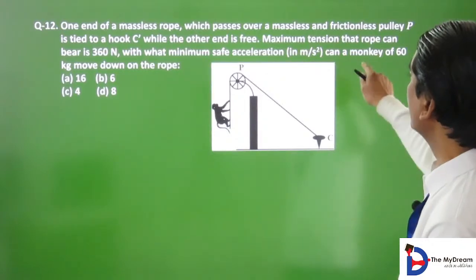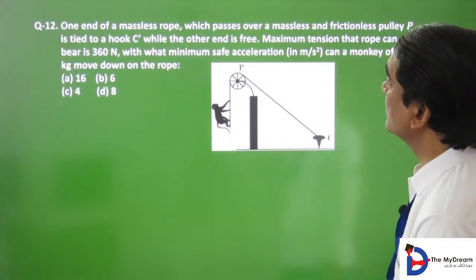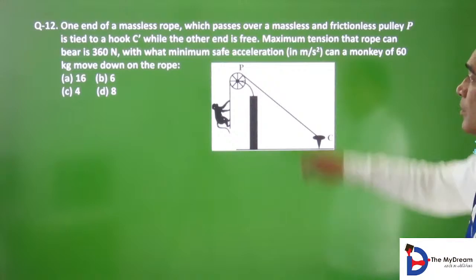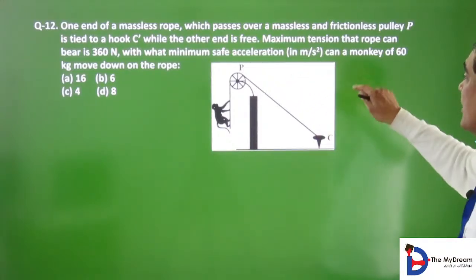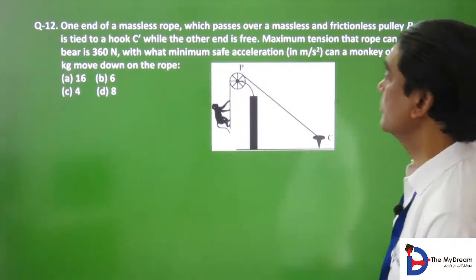The maximum tension that the rope can bear is 360 N. With what minimum safe acceleration can the monkey of 60 kg move down?